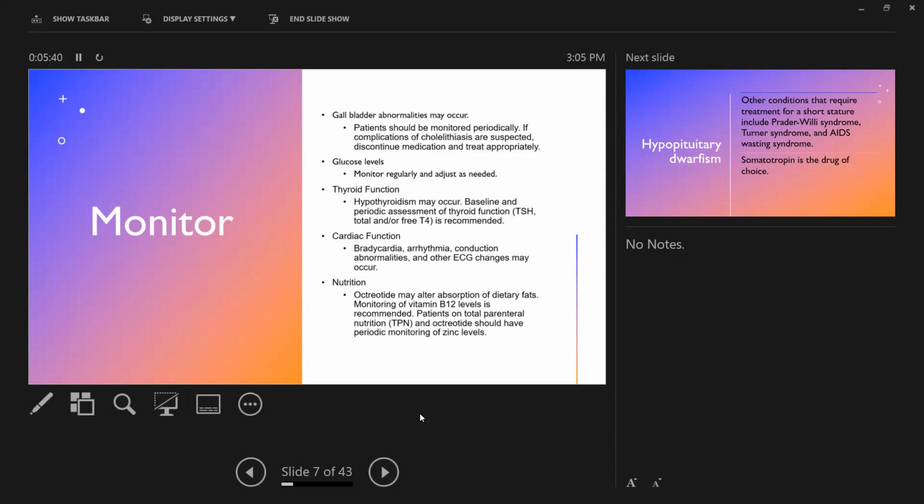Look for signs of hypothyroidism. Look for signs of disrupted cardiac function, bradycardia, arrhythmia, conduction abnormalities. Monitor using an ECG regularly. And then with nutrition.